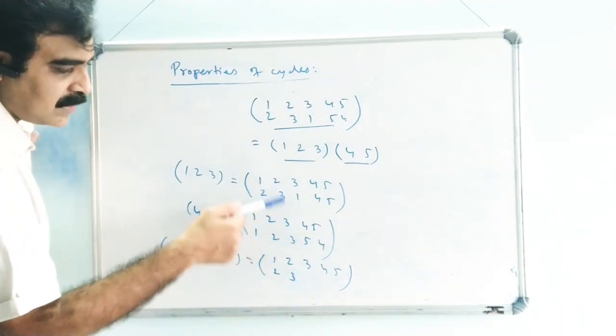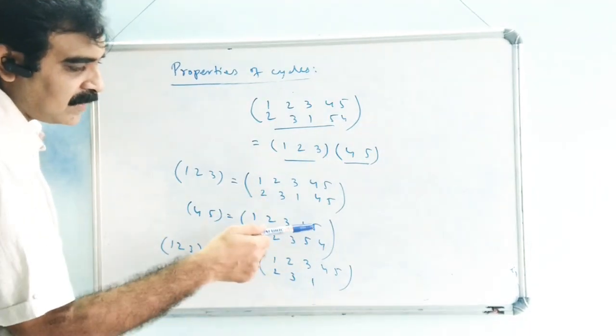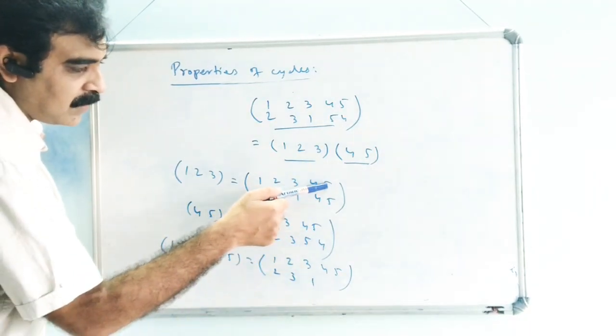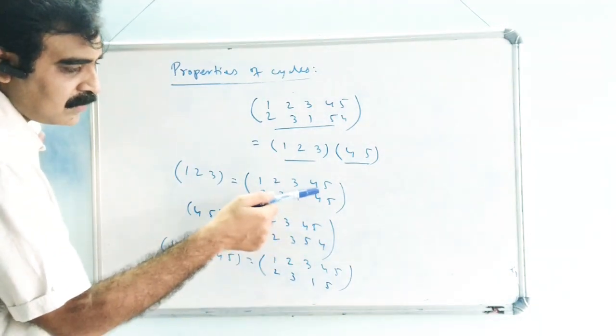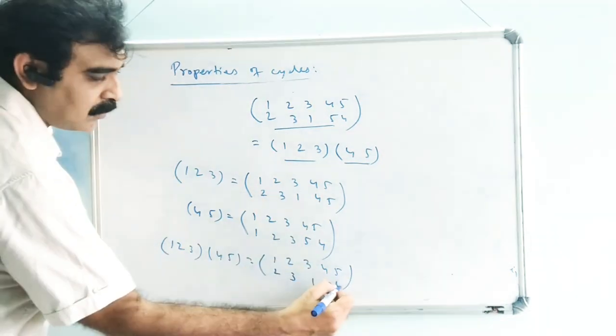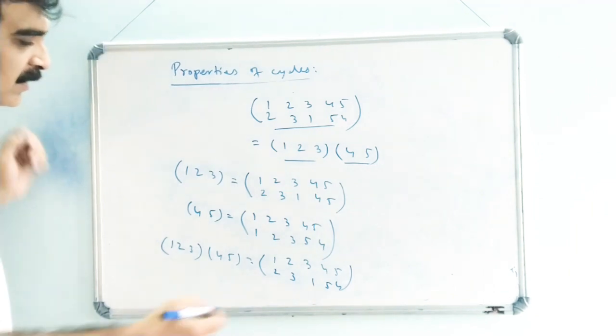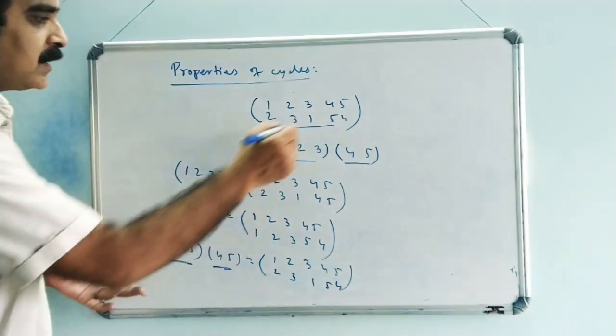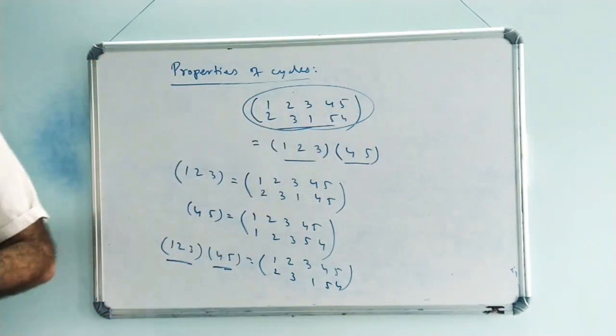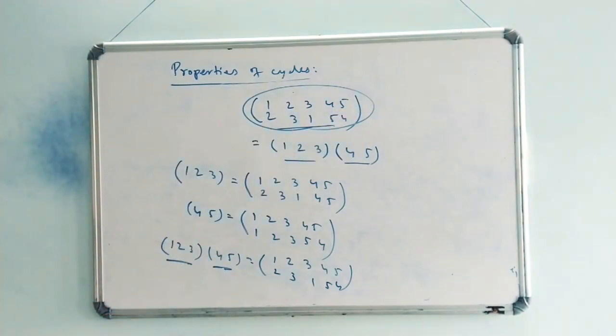The image of 3 is 3, then the image is 1. The image of 4 is 5, the image of 5 is 5. The image of 5 is 4, the image of 4 is 4. So we see that if we compose these two permutations, (1 2 3) and (4 5), then we get the first permutation.